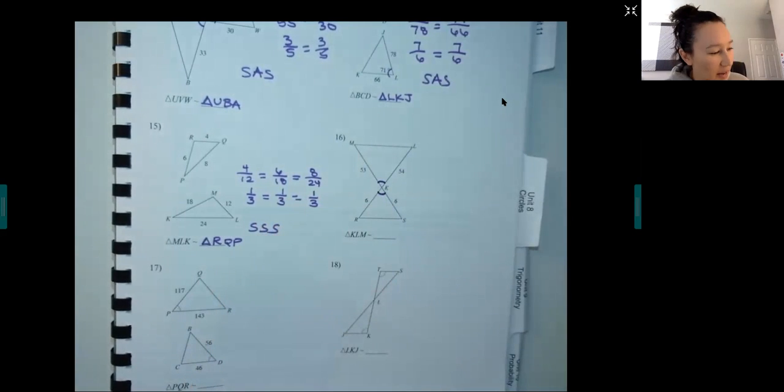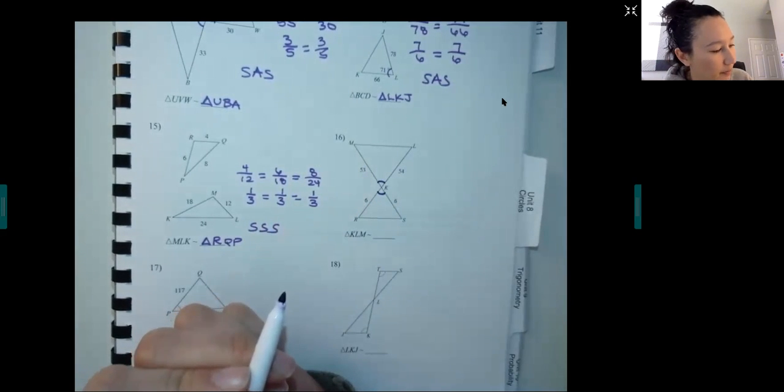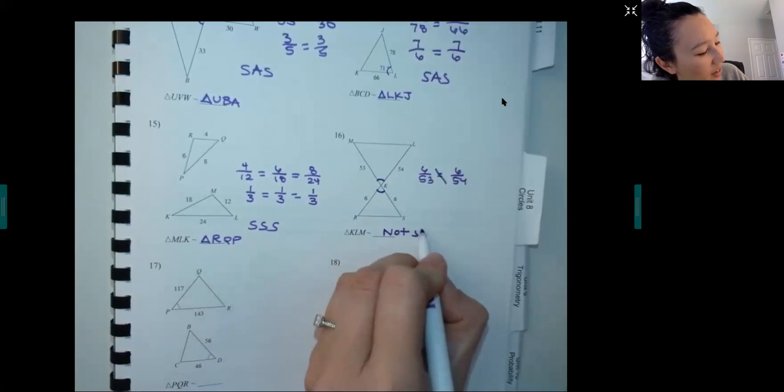Now we just have to see if the sides are proportional. I did 6/53 and then 6/54, which are not equal, so it's not similar. Exactly. Very good.